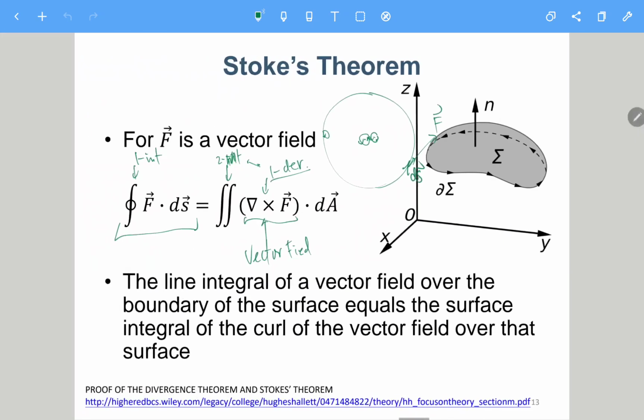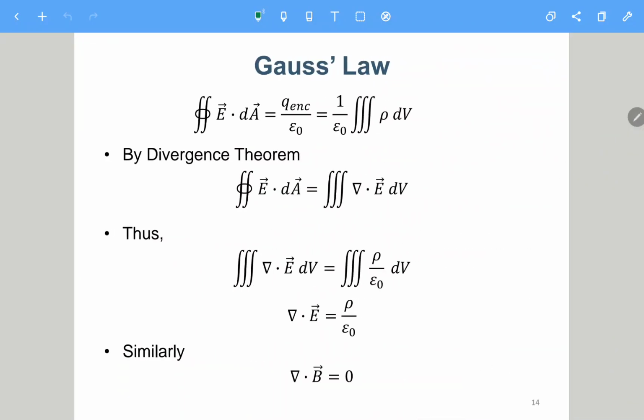So given the divergence theorem and the Stokes theorem, we can try to derive the differential form for the Maxwell equations. First of all, we start from the Gauss law. Just now we already mentioned that for the Gauss law, originally it looks like this, but we try to change this Q to be a triple integral of the charge density.